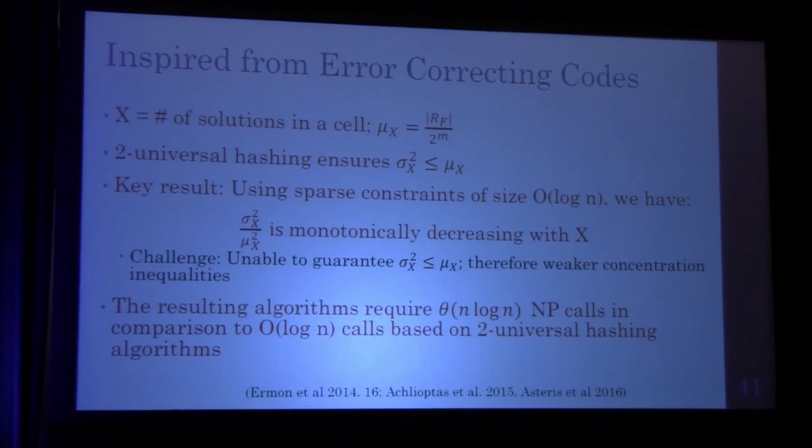There have been a lot of approaches, so I will quickly just discuss two approaches. One has been inspired from work on error correcting codes, where one of the recent results has been that it is possible to use logarithmic size constraints, and using that you could show that the ratio of the variance to mean square is monotonically decreasing as the number of solutions increase.